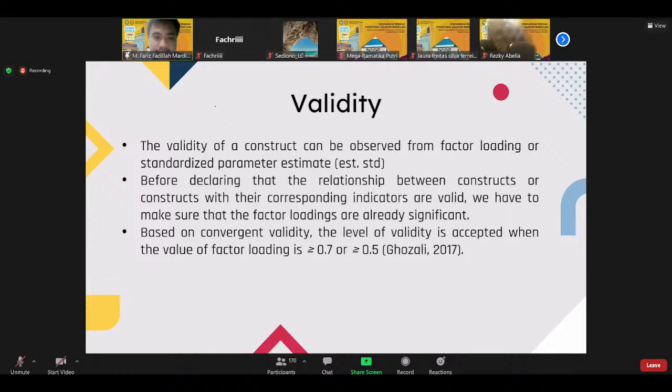Based on convergent validity, the level of validity is accepted when the value of factor loading is greater than 0.7, or greater than 0.5 based on Ghozali's book in 2017. So we have two choices. You can consider 0.7 or you can consider 0.5.